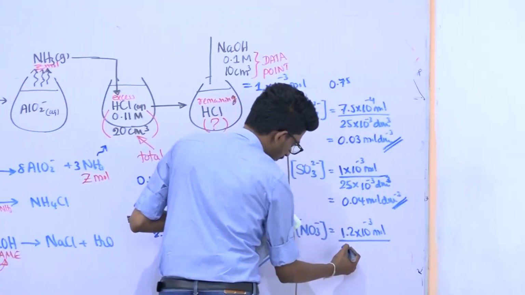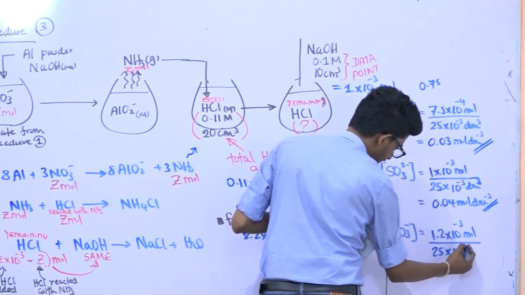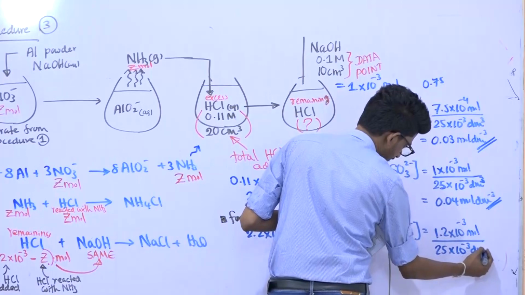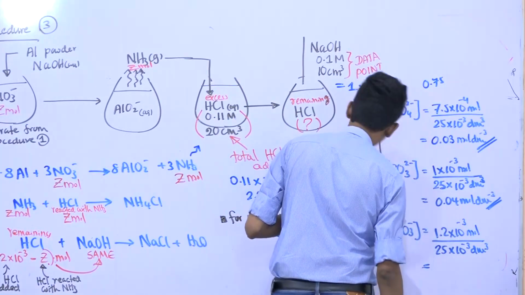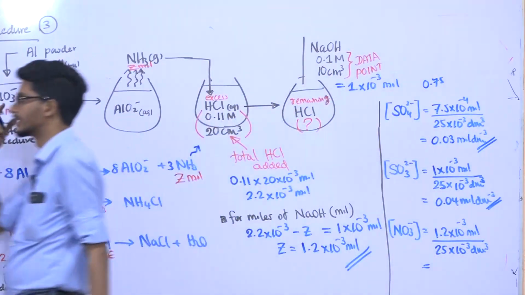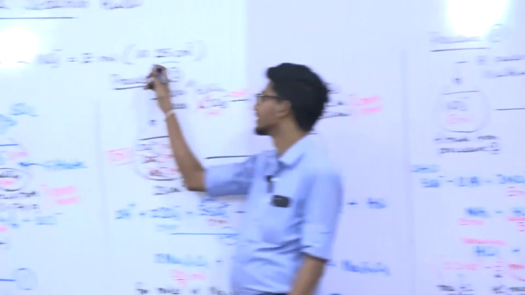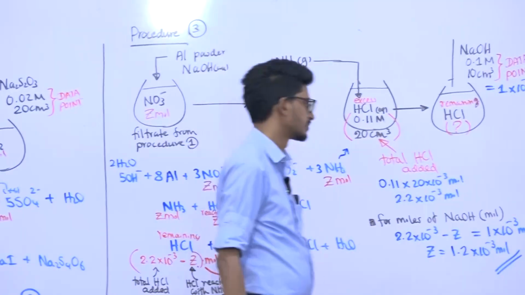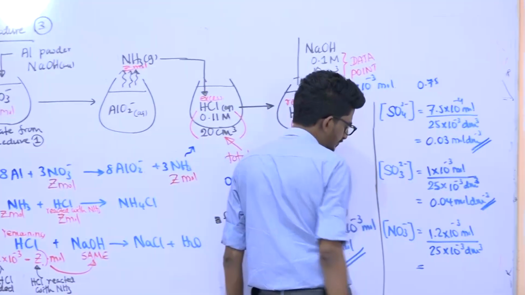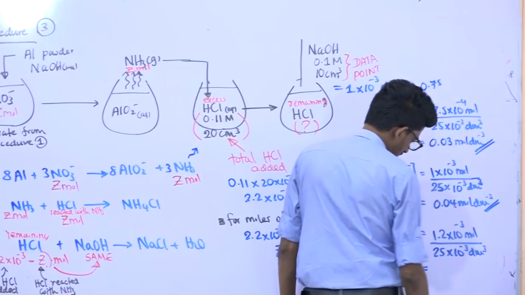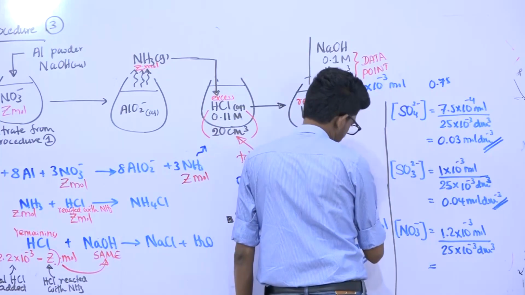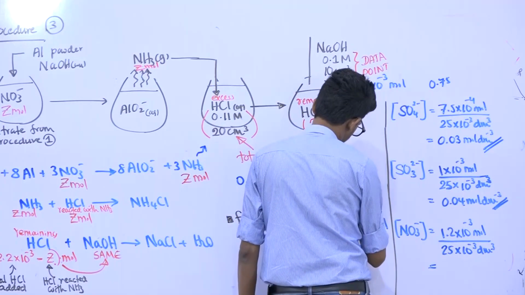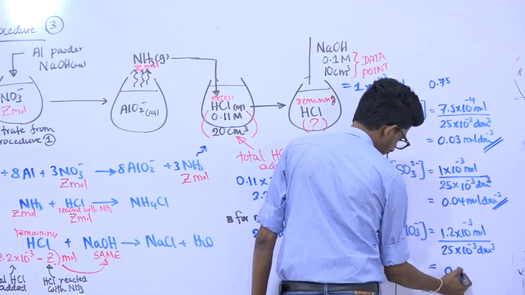So volume is 25. So this will give you 0.048.